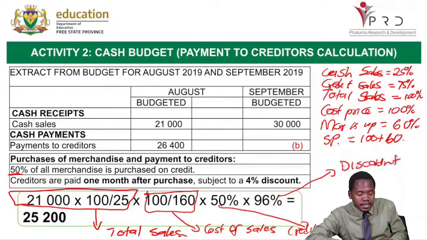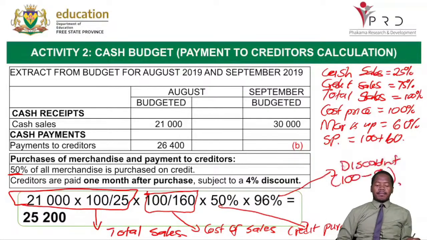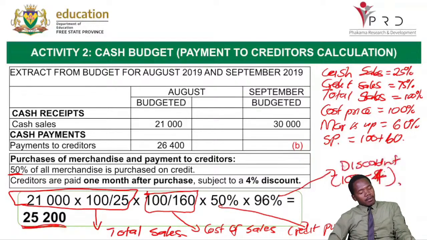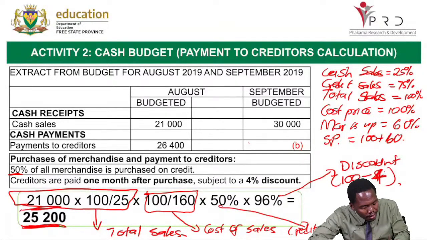We are recognizing discount. Remember, this is 100 minus 4%. That gives us 96. Okay? Then when we do our whole calculation, it gives us 25,200. So meaning B is 25,200.